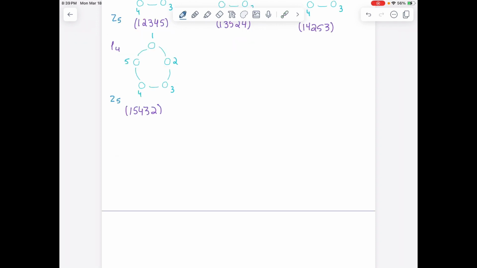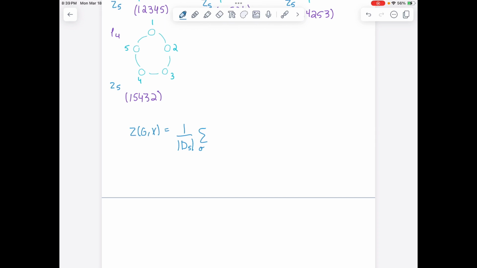So we can write the cycle index Z of G is 1 over D5. We know that's 10, but I'm just writing the formula. So we have this equals 1 over 10, and then we will sum all the cycle monomials.